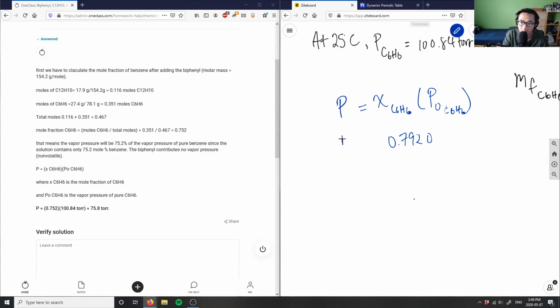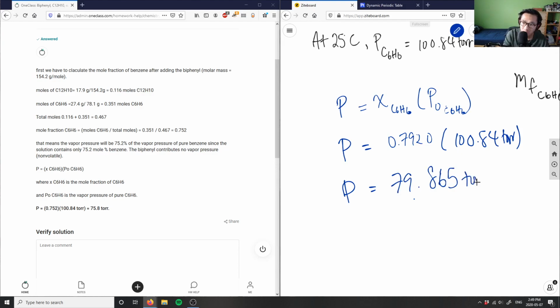So I'm looking for the total pressure here, which is 100.84 torr, and I can set the pressure here equal to 0.7920 times 100.84 here. So the solution is 79.865 torr, or you can round it to 79.87 torr here.